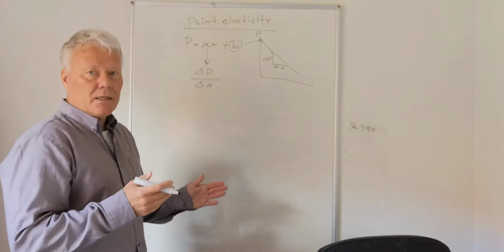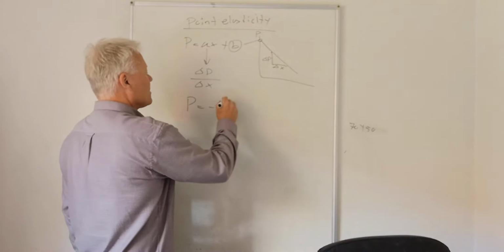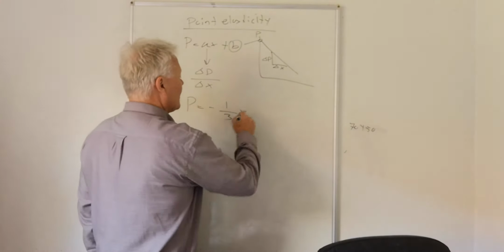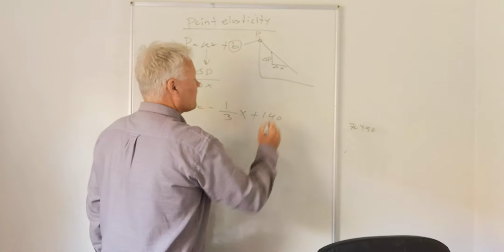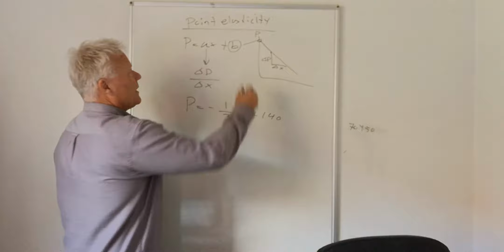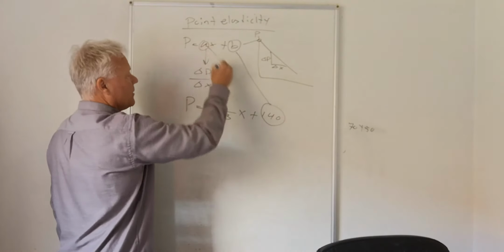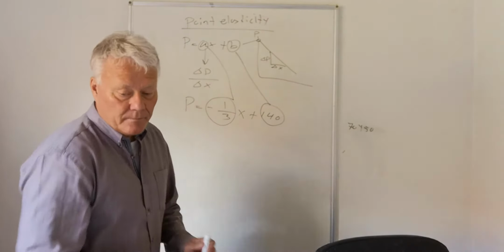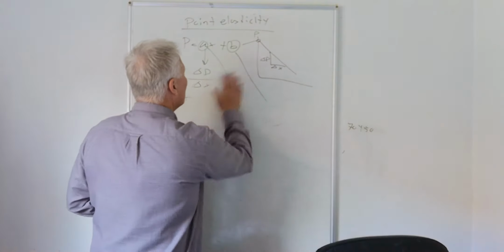If we take the cigarette example, we had a slope that was -1 over 3 million packs of cigarettes times X plus 140. So B in that case will be 140, and the slope A will be -1/3. Okay, that's what we know.